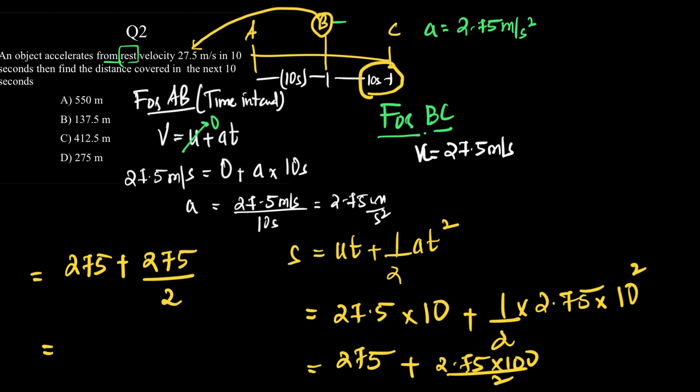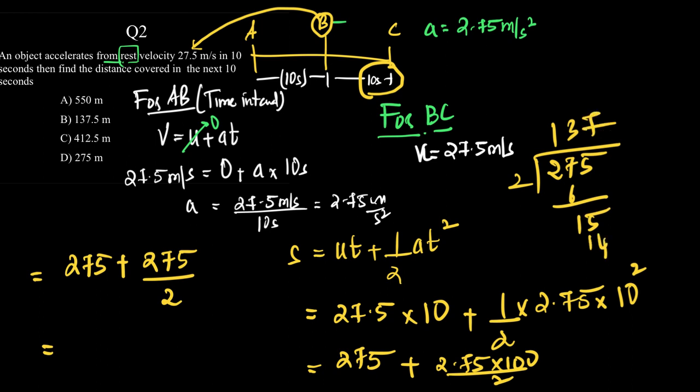Right? So this can be calculated: 275 by 2 is 137.5. So this becomes 275 plus 137.5.